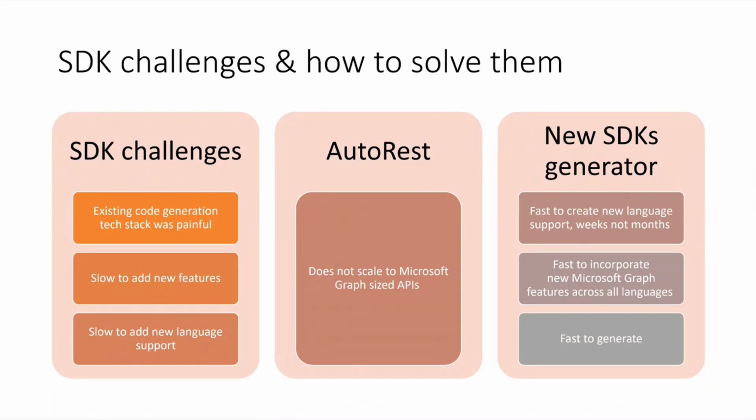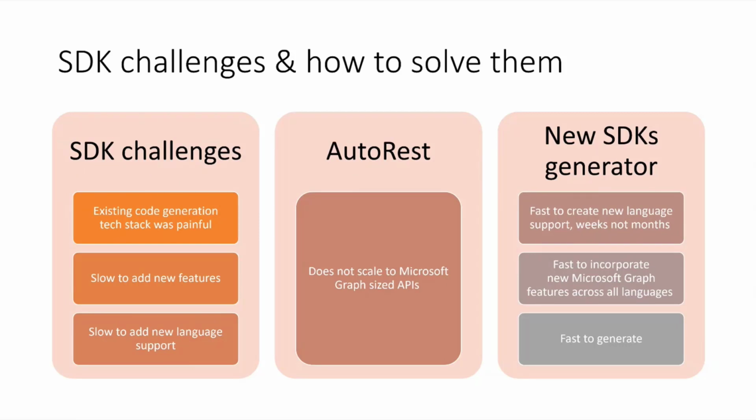It was taking too long to support new languages or add any new features from Microsoft Graph. The tech stack that we were using was fairly painful. We made a few promises to the community, and either we couldn't keep our promises or it was way too long to deliver, simply because of these challenges.